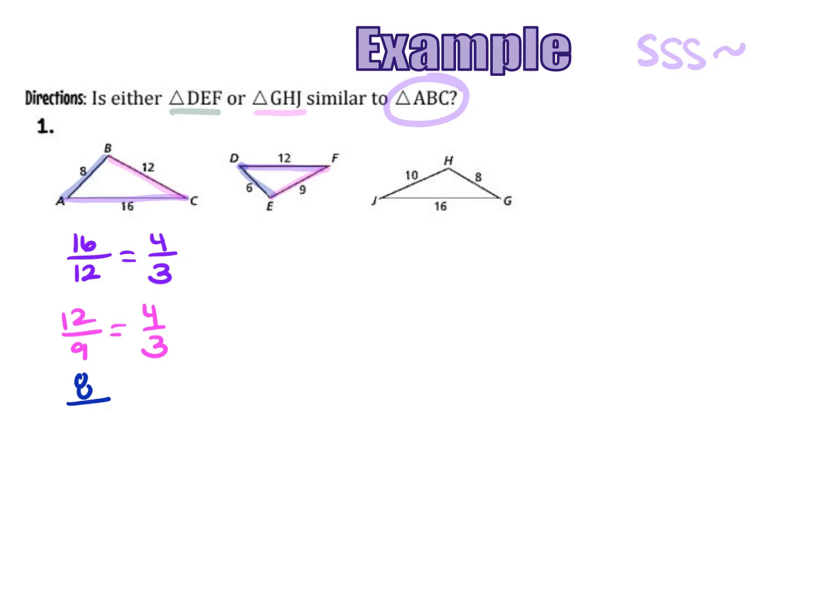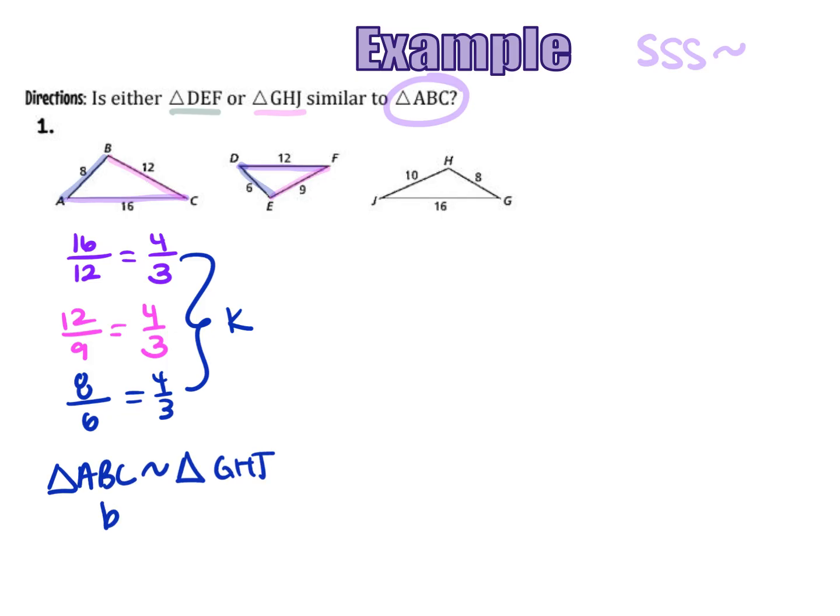That would give me 8 over 6. If I divide both of those by 2, I get 4 over 3. Since these all have the same scale factor, k, or I could say that these all have an equivalent ratio, they are proportional, I can say triangle ABC is similar to triangle GHJ by side, side, side triangle similarity.